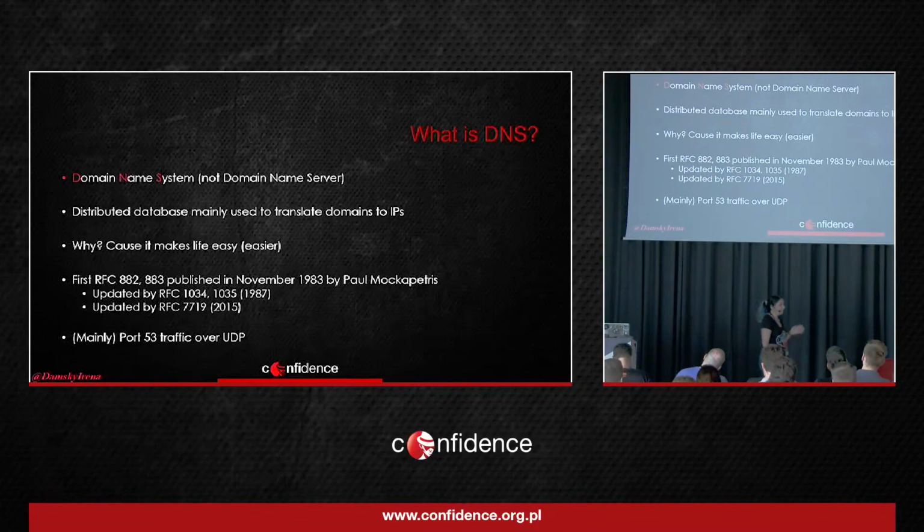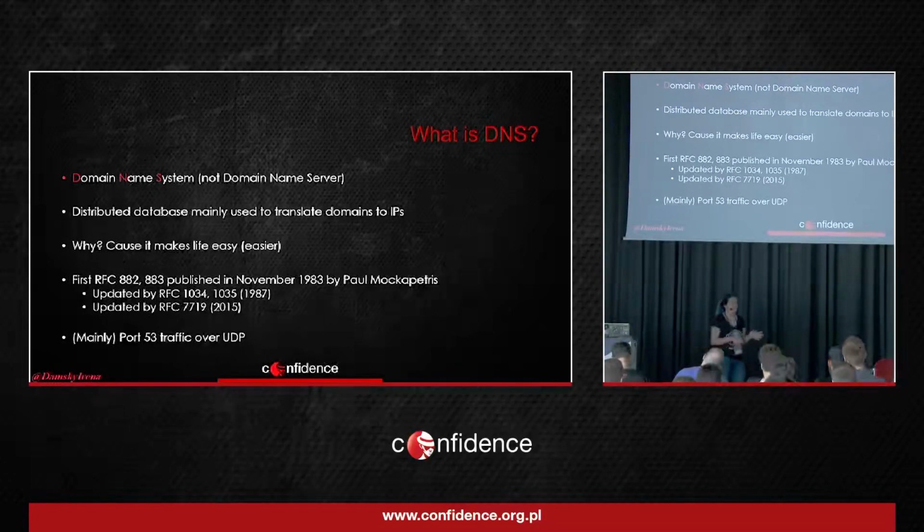It's mainly UDP traffic on port 53. Mainly, because some traffic goes over TCP, and there are alternative ports. So if you're trying to sniff your network and find all the DNS traffic, you should look for everything on port 53 and not limit it to just UDP. It's basically used to translate domain names into IP addresses and make your life easier.